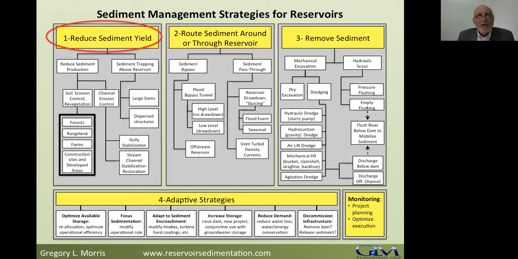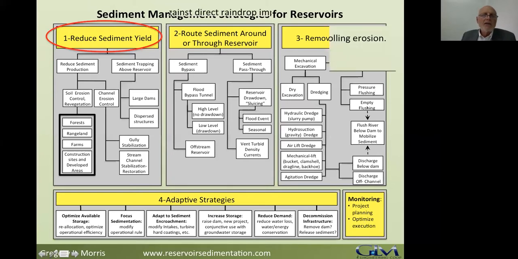Or once the sediment has been deposited, we can remove it from the reservoir. Or the 4th one, we have a number of adaptive strategies. These adaptive strategies do not actually remove sediment or achieve a sediment balance, but they help adapt to or delay the consequences of sedimentation. And I also put monitoring over here at the bottom right corner because that is so essential, not only in the planning, but also to optimize the execution of any of these activities.